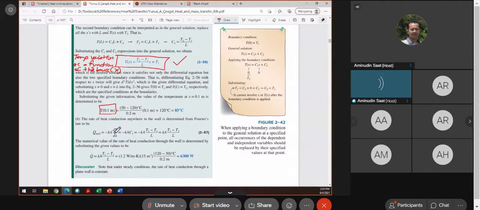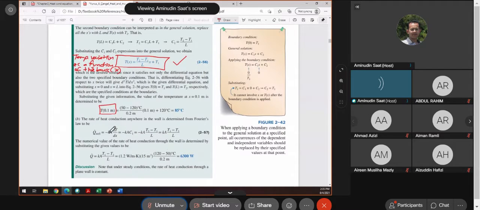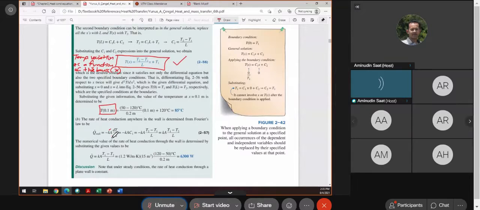The rate of heat conduction, basically you differentiate the equation back, based on the thickness, dT/dx. You know the k value, you know the area, you do the differentiation for this particular temperature equation, and you can get the heat transfer calculation.